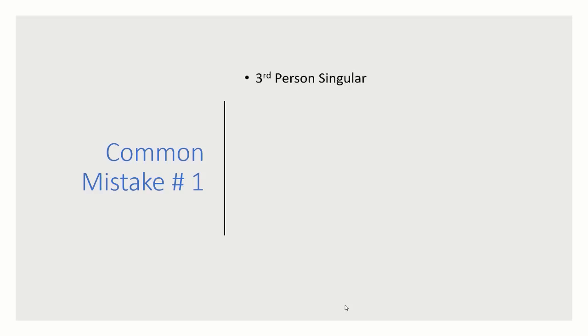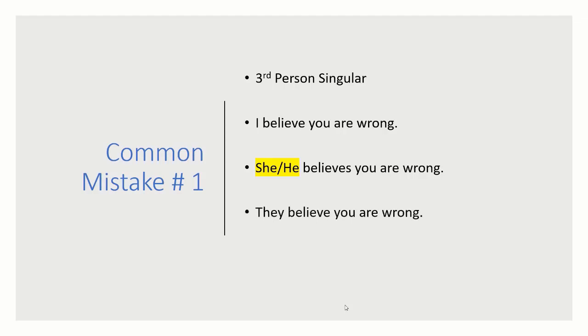So third person singular. So I believe you are wrong. She or he believes you are wrong. So when we're using a third person singular, she or he, we would use the singular form, rather than the plural form of believes or the verb. They believe you are wrong.